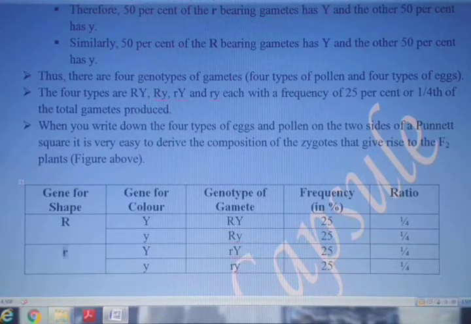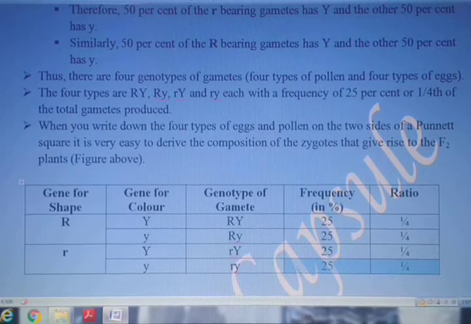Further, the second gene for shape, the recessive small r, when it segregates with the dominant gene for color, capital Y, gives the gamete genotype small r and capital Y, 25% frequency and 1/4 ratio. Likewise the last case, where both genes are recessive, small r and small y, also has 25% frequency and a ratio of 1/4.